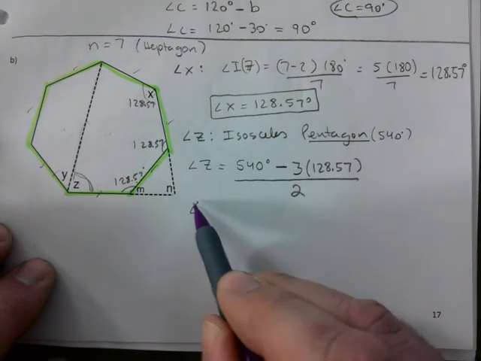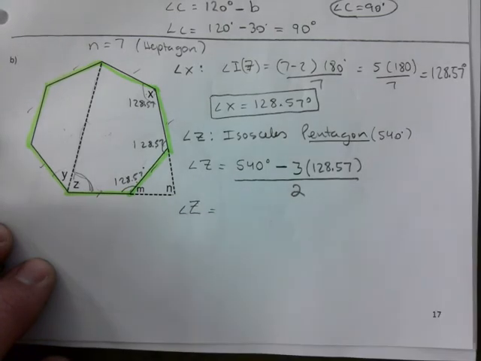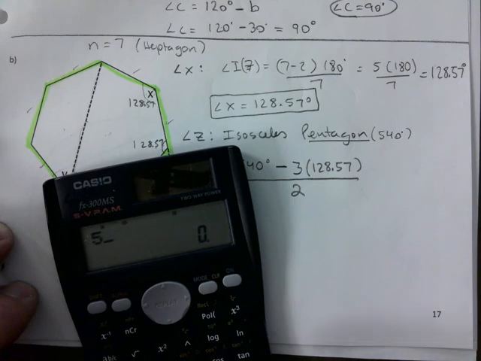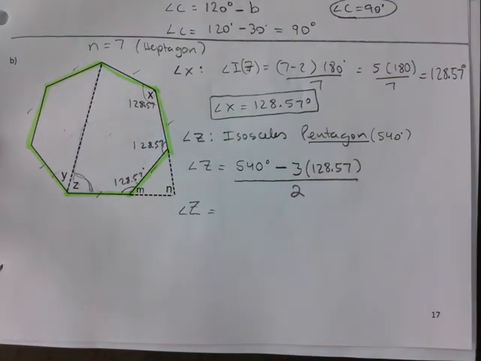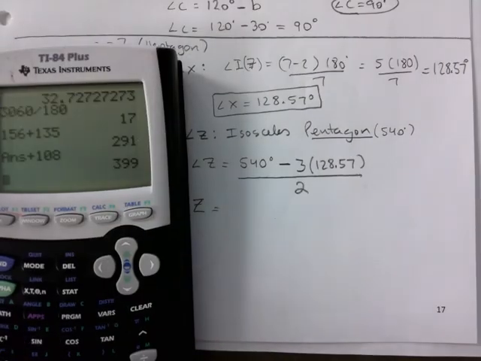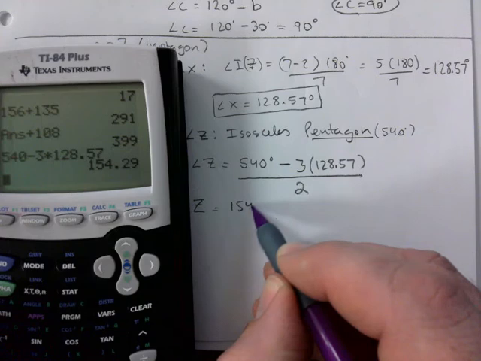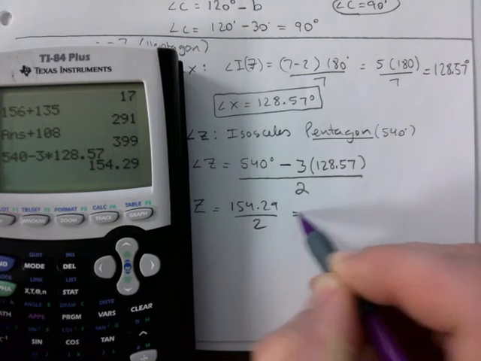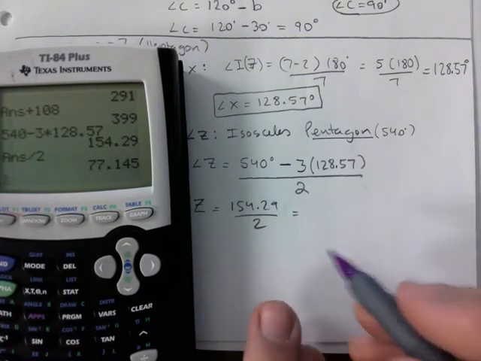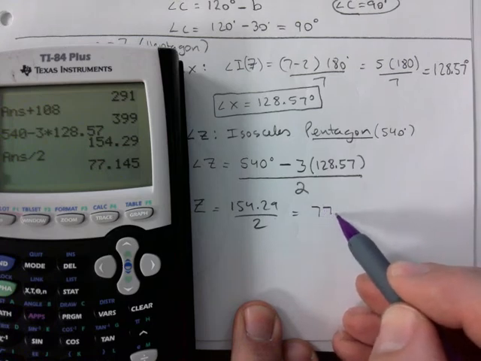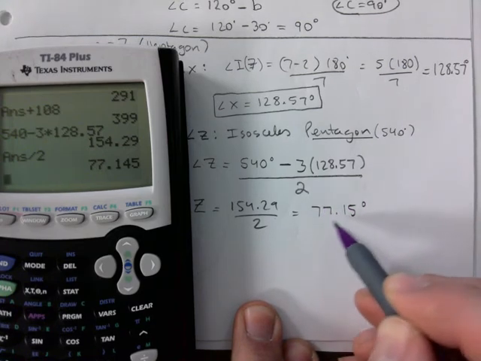I think I have enough room to just go angle Z down here. 540 minus 3 times 128.57. That's 154.29. It takes an extra second to actually split that up, right? 77.15 degrees.